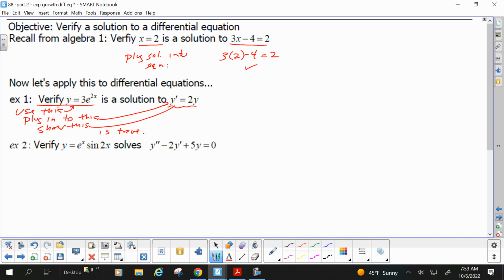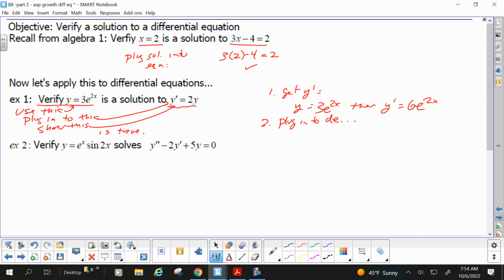So the first thing I'm going to need is y prime. If y is 3e to the 2x, then y prime is 6e to the 2x, yeah? Now I'm going to plug in to the differential equation.